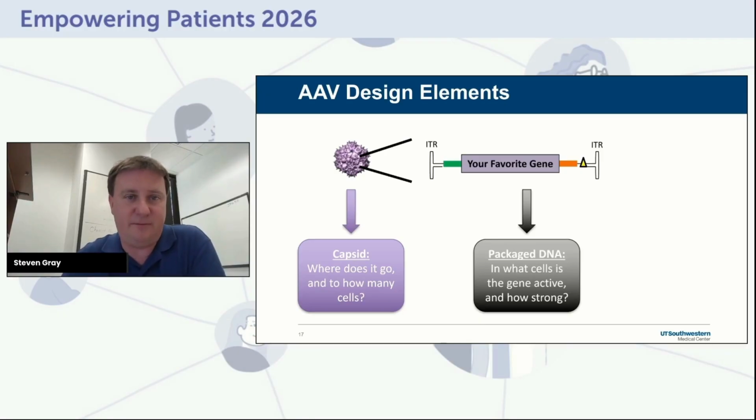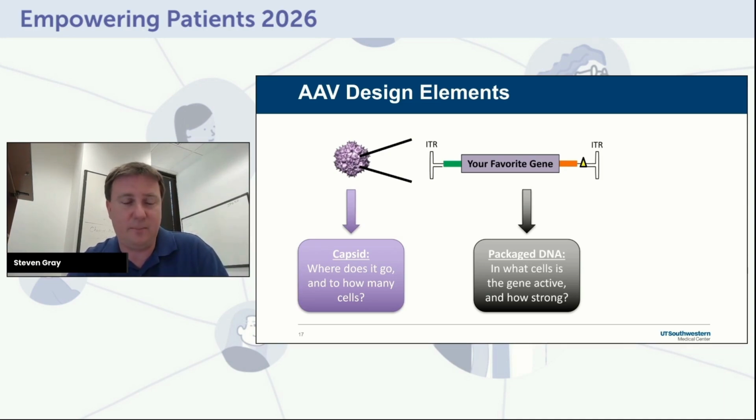And when we look at the vector, like the drug itself, the capsid is the carrier. The capsid is the delivery truck. And then the DNA inside the capsid is, in a lot of ways, the permanent drug that's maintained in the cells. So the capsid will dictate where the treatment goes and to how many cells. And then the packaged DNA is going to dictate in what cells the gene is active and how strong.